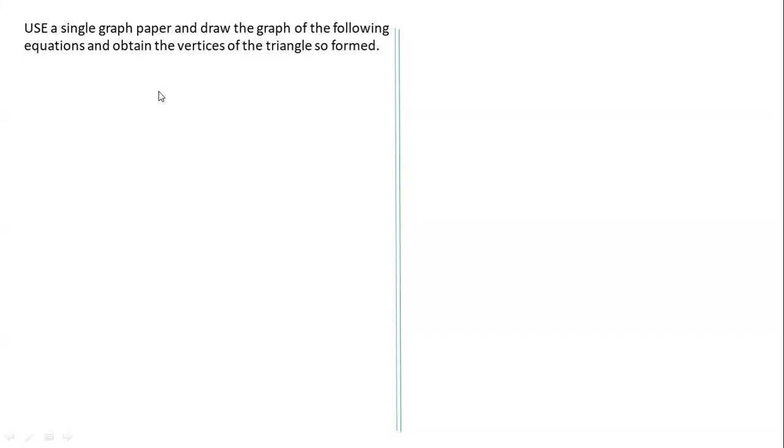Let us see how the equations are. 1, 2, 3 equations are there, because they have said a triangle is being formed, and a triangle has 3 sides. So 3 equations. Let's take the first one, that is x is equal to 2y minus 8.